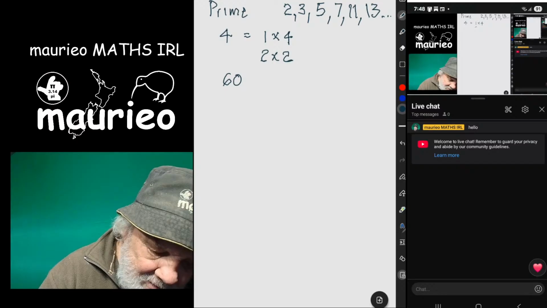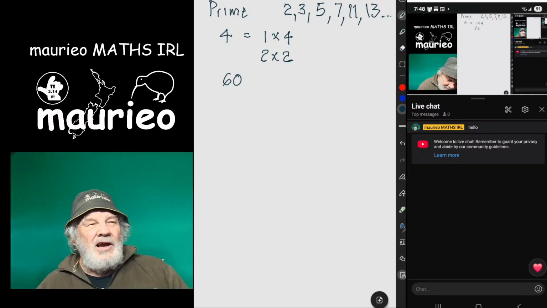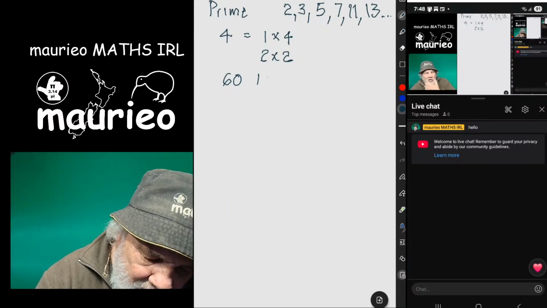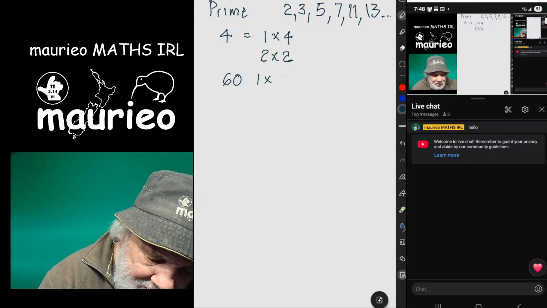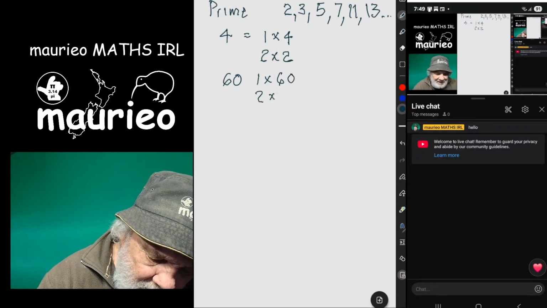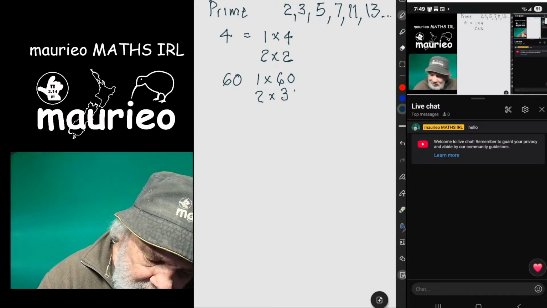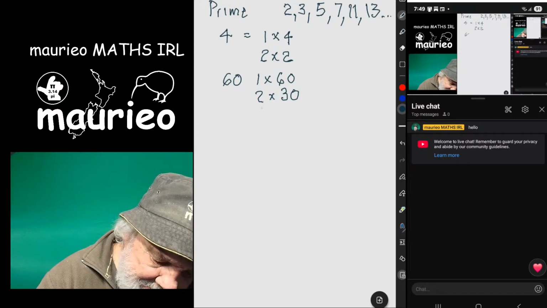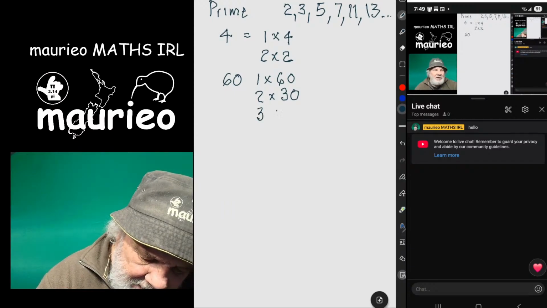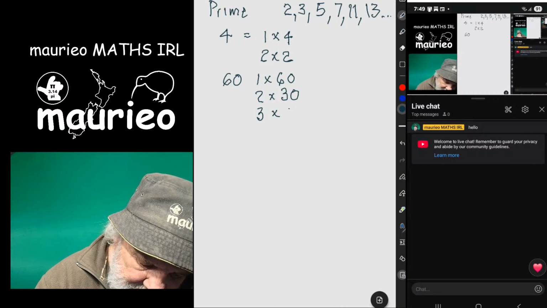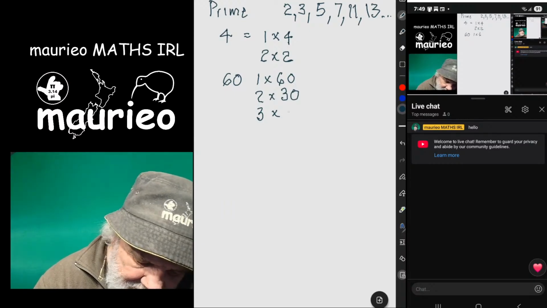If we take a number like 60, we can factorize any number. So we can say that's 1 times 60, 2 times 30, 3 times 20.